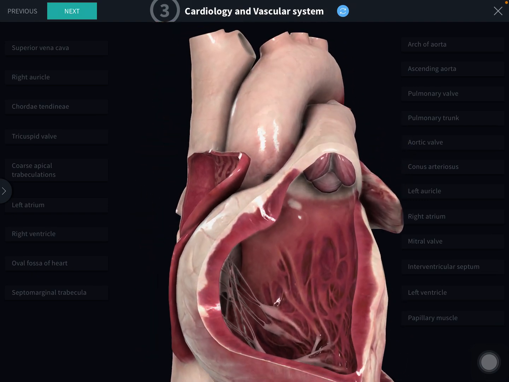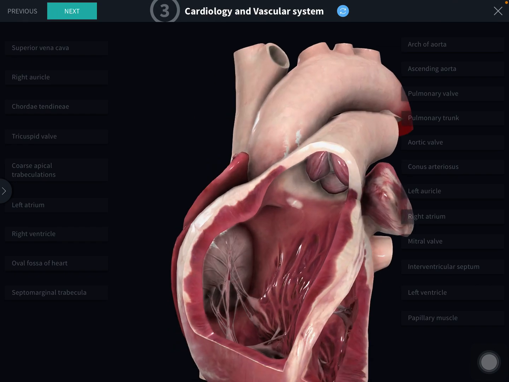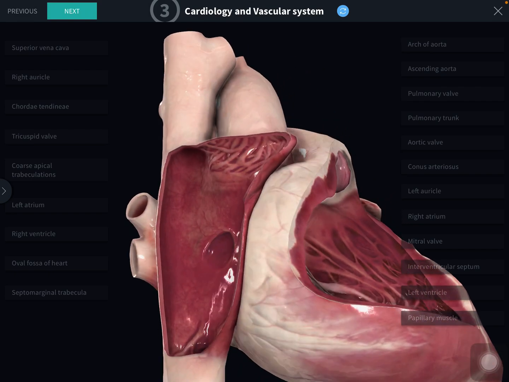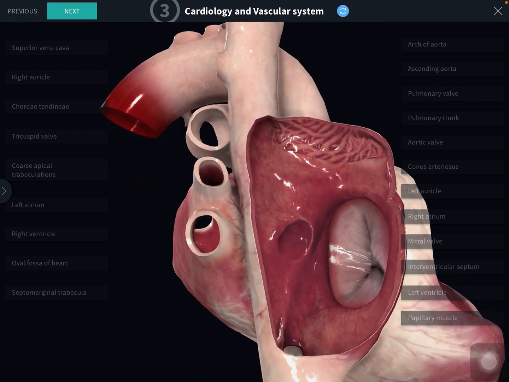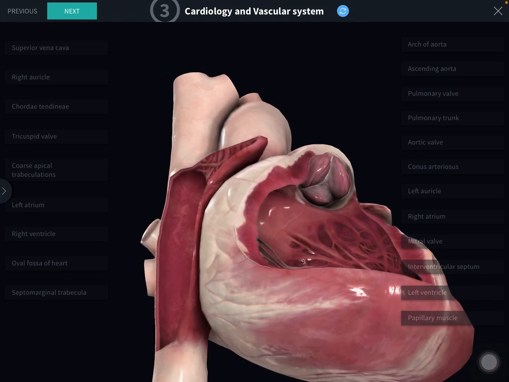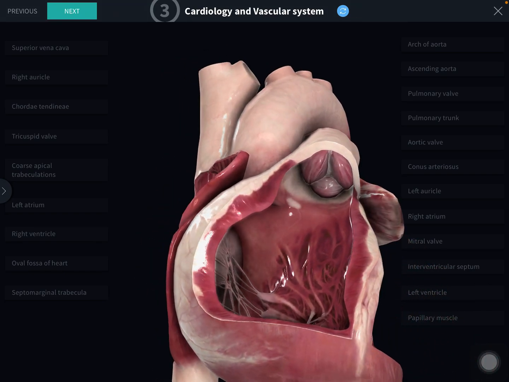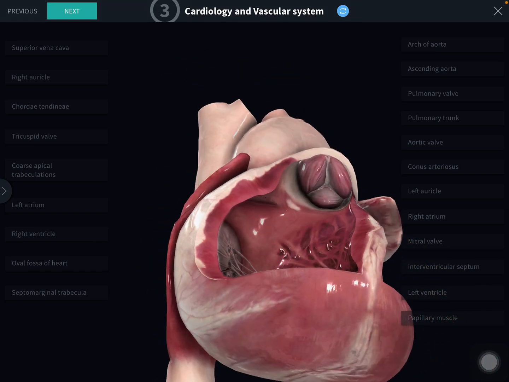The inflow tract receives blood from the right atrium through the right atrioventricular orifice. The outflow tract ejects blood from the ventricular apex into the pulmonary trunk through the pulmonary orifice.